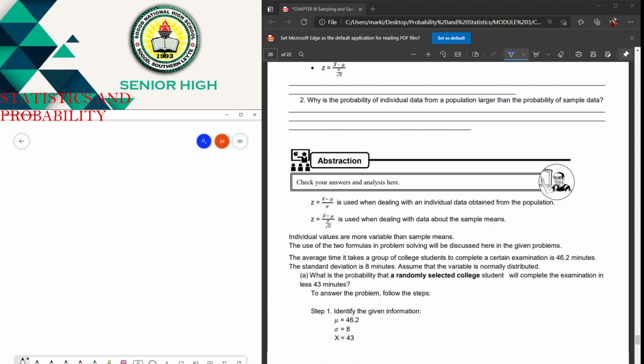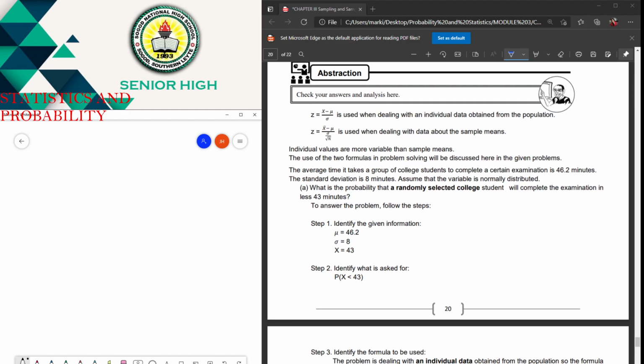We have here two formulas. You are very familiar with this formula because it was discussed in the normal distribution, right? The z-score is equal to x minus mu over the standard deviation.